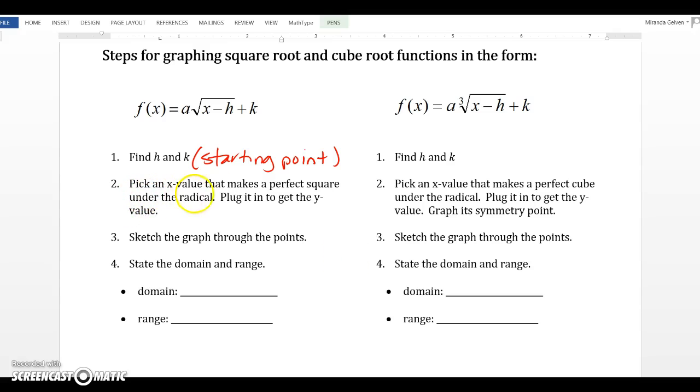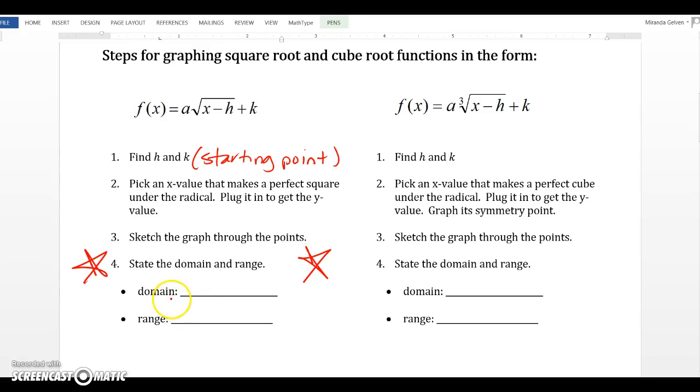Now here it says pick x values that make perfect squares under the radical. Just like above, we picked 2 and 3, but they didn't make perfect squares, and so I picked x to be 4, x to be 9, to get nice clean numbers for my y values. We're going to sketch my graph, and then here, big deal, this is the first time we really see that our domain and range change.